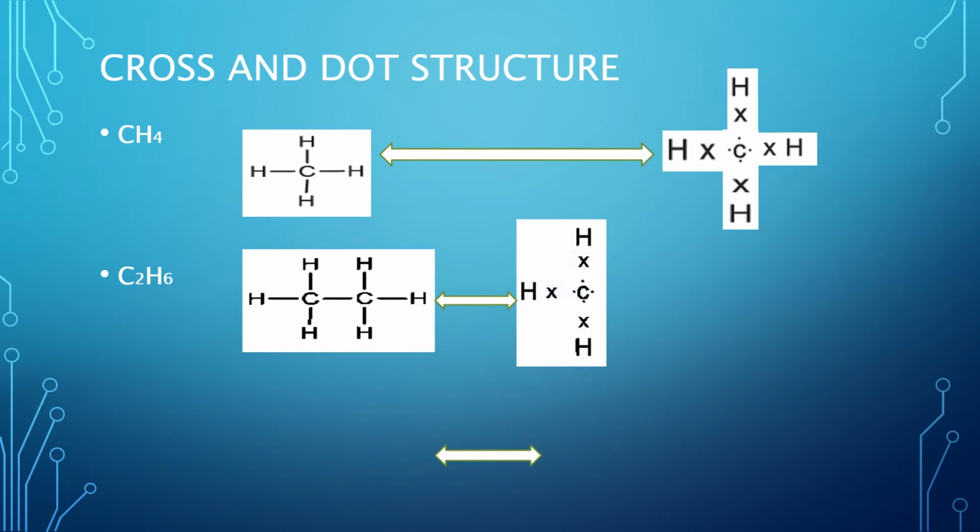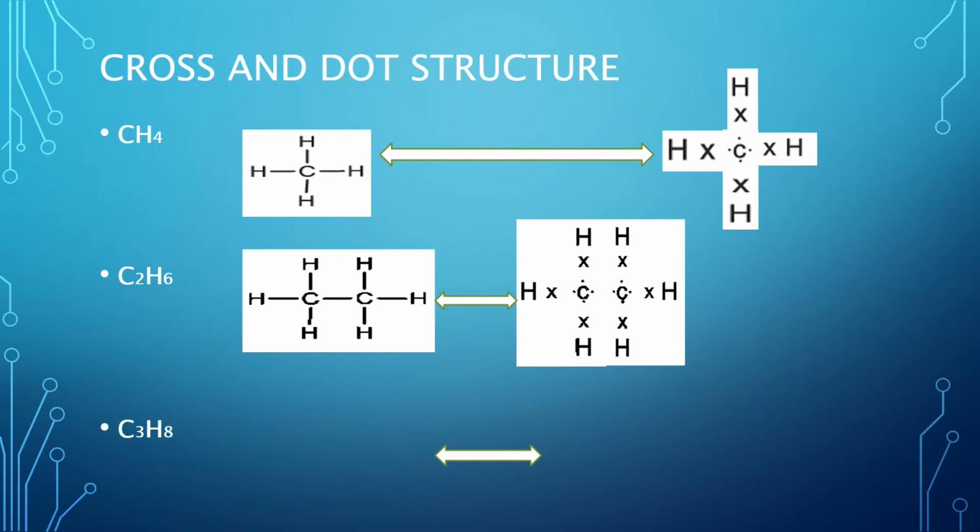In the cross and dot structure, as I have already told you, we will put down the number of electrons in the form of crosses and dots. So the electrons of the carbon are shown in the form of dots, and the electrons of the hydrogen are shown as crosses. So there are 2 carbon atoms and 6 hydrogen atoms, and their electrons are shown in the form of crosses and dots. That is why it is called the electron cross and dot structure.